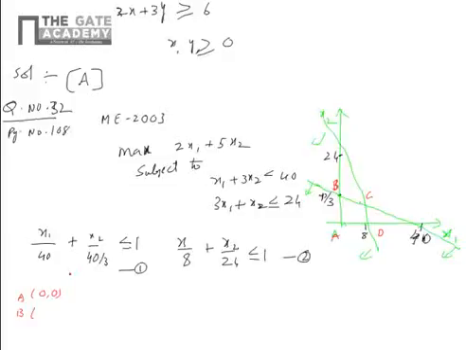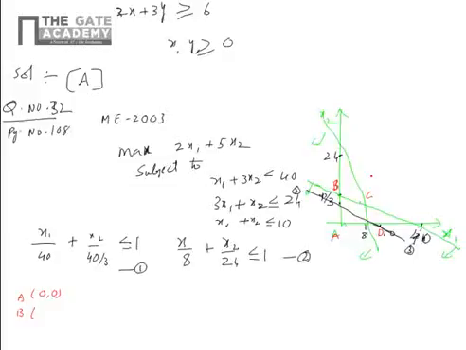Oh sorry, another constraint is there which has to be satisfied, which is given: x1 plus x2 less than or equal to 10. So that will come here, 10 and here 10. That constraint will come here, equation 3.